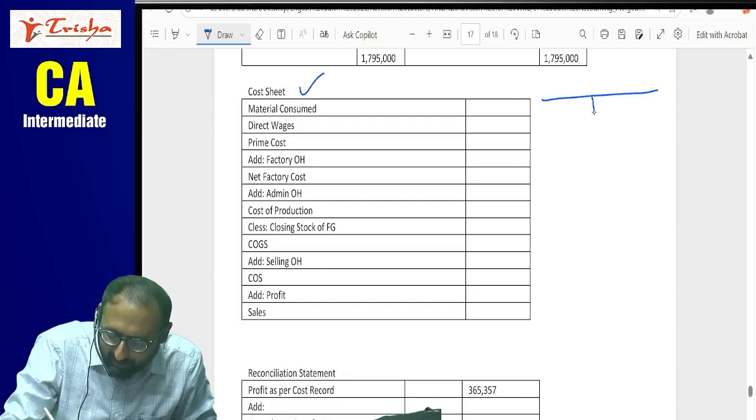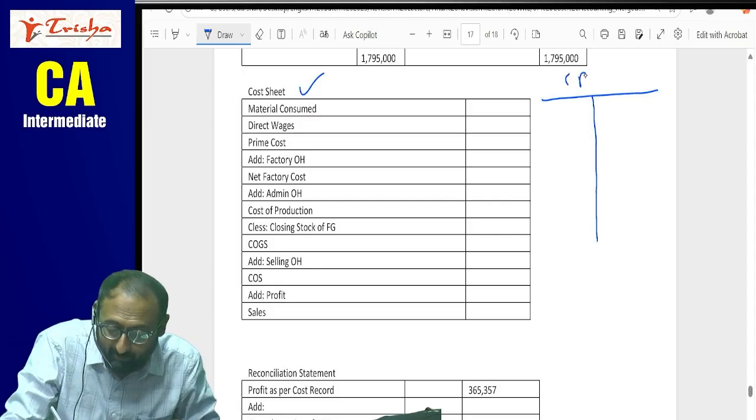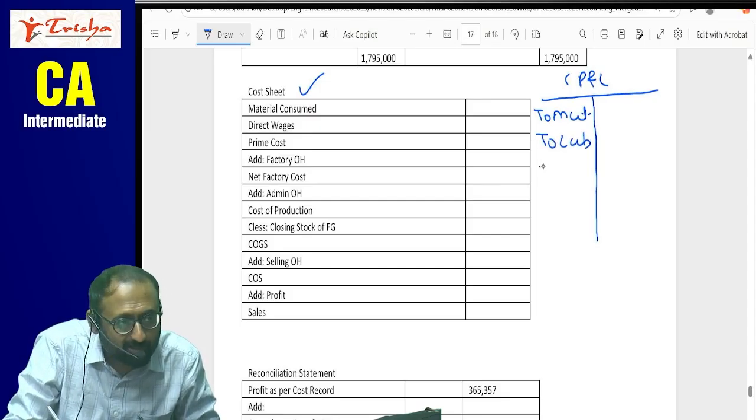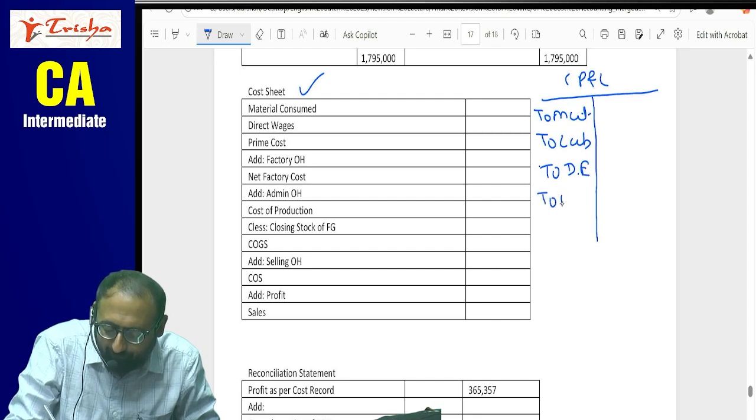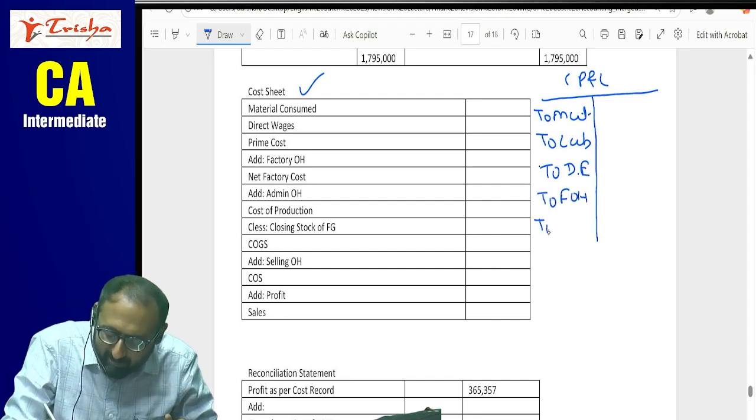What you'll write on to the debit side of the costing profit and loss account? Please tell me. You'll write to material. Correct, sir? You'll write to labor. Then you'll write to direct expenses, if any. Then you'll write to factory overhead. Yes or no? Then you'll write to administration overhead. Then you'll write to selling overhead.